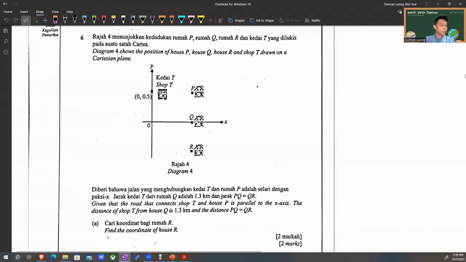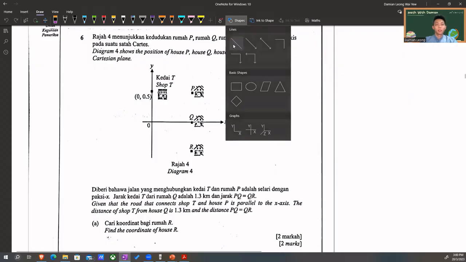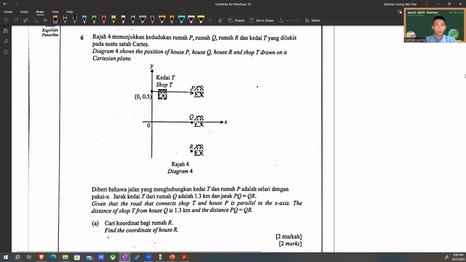Then we look at question 6. Okay, diagram 4 shows the position of house P, house Q, and house R, as well as shop T on the Cartesian plane. So given the road connects T and P is parallel to the x-axis, so if I have a straight line going from here to here, it will be horizontal.